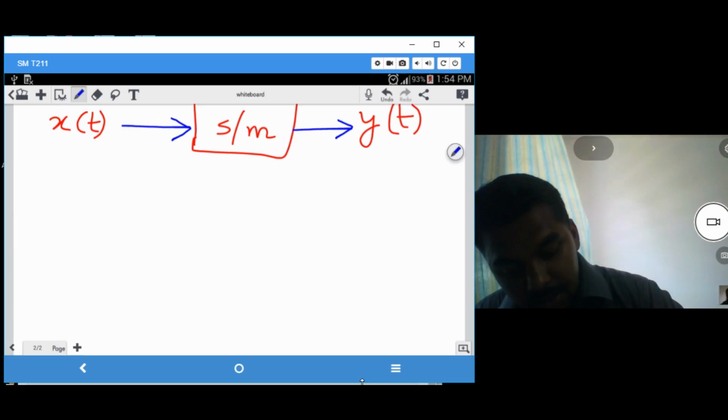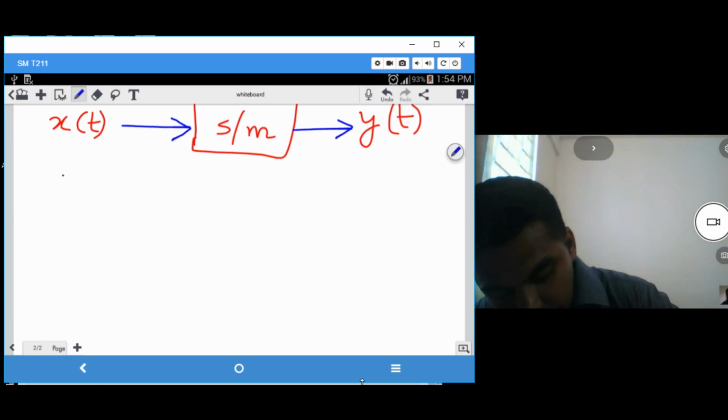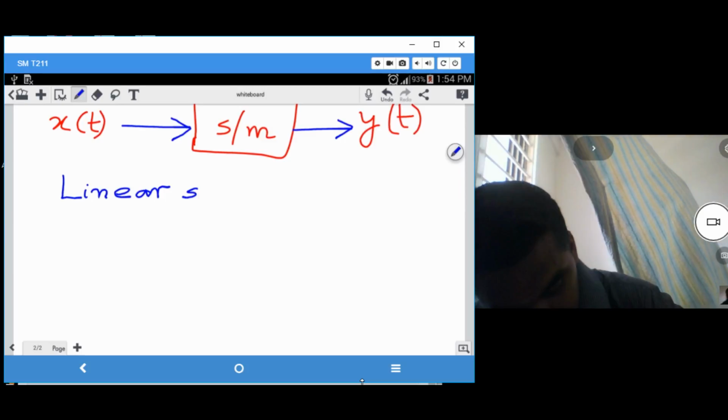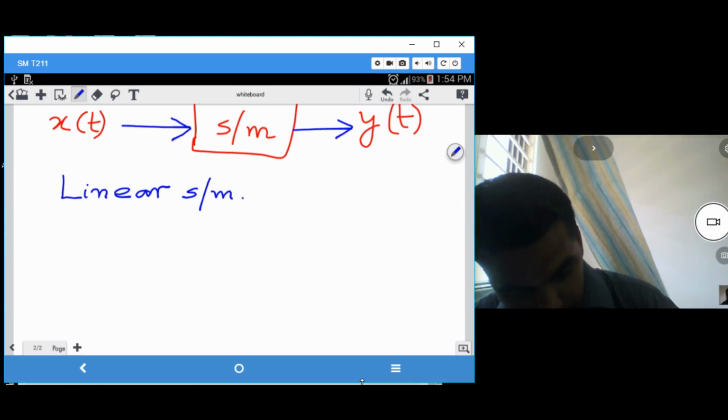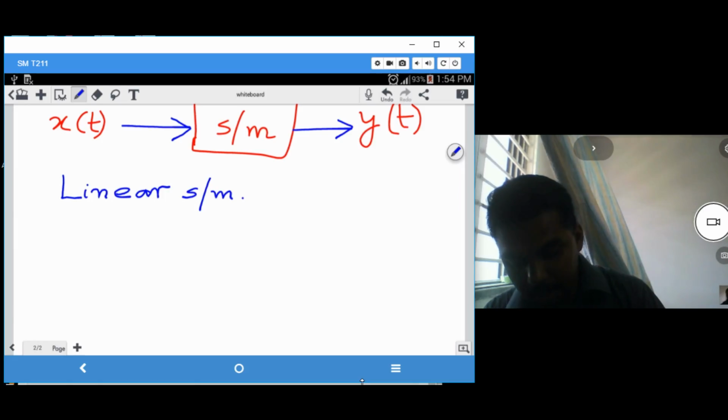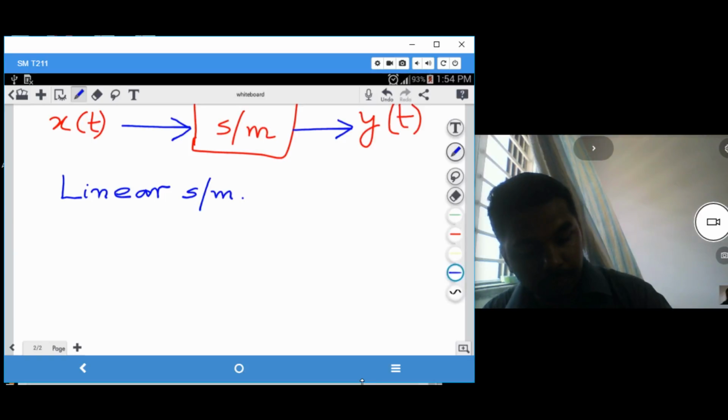So we first introduce the notion of a linear system. What is meant by a linear system? The term linear arises from the notion of a line.